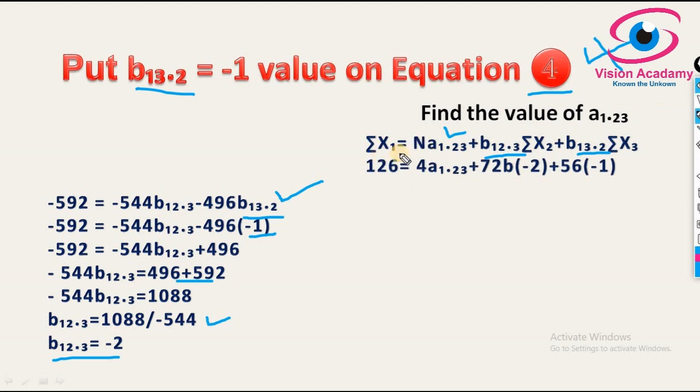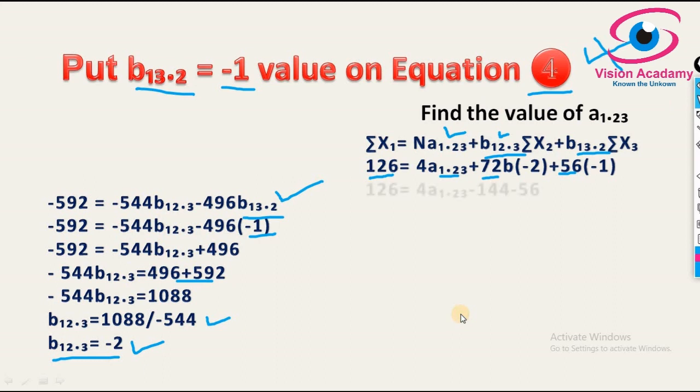So summation x1 is 126, n is 4, A1.23 we do not know this value. So b summation x2 is 72, B12.3 just derived here is minus 2, and summation x3 is 56, B13.2 we derived in the last step, that is minus 1. So we will simplify this further.